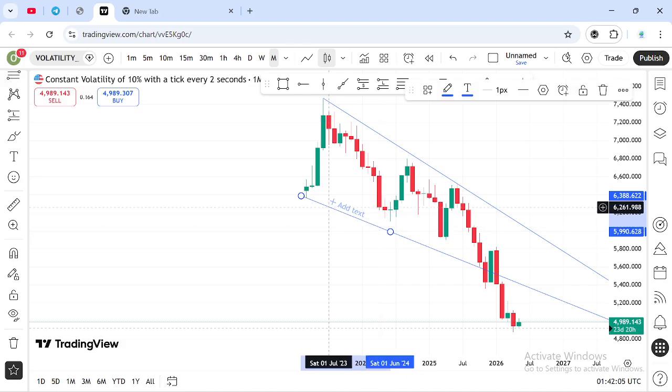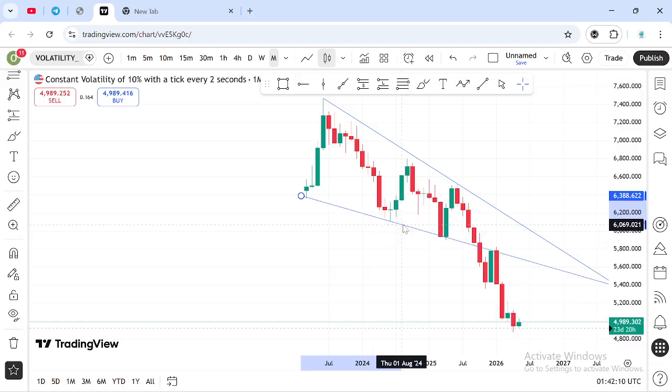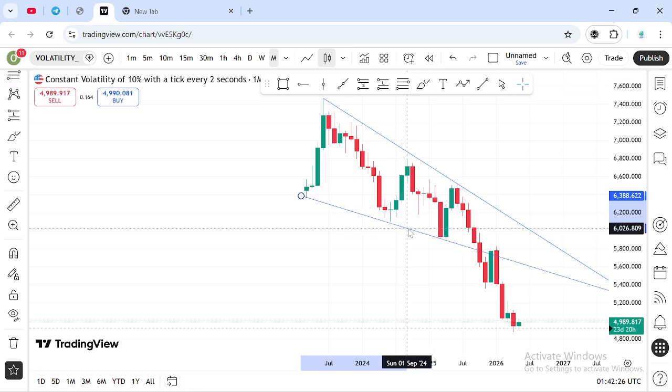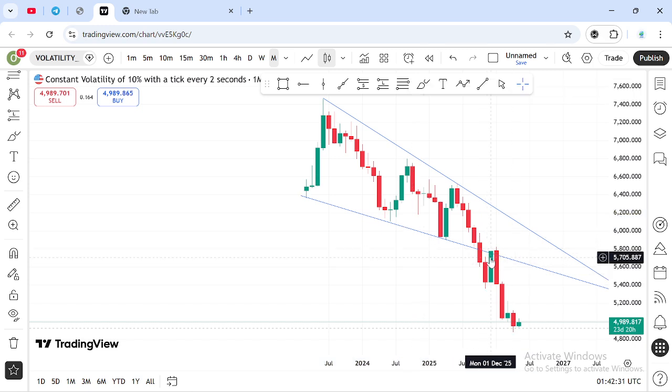You look at it from this low to this one and to this one. If we connect it to this one, you can see price bounced off here, pushed up, bounced off here, pushed up, and then broke and retested, and then continued. Anyone who was able to see that this was a clear break and retest would have caught almost 2 months of sell, which is just a lot.